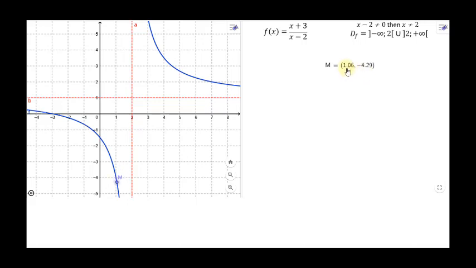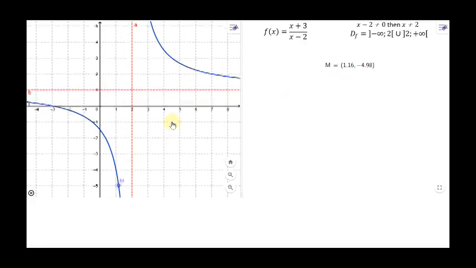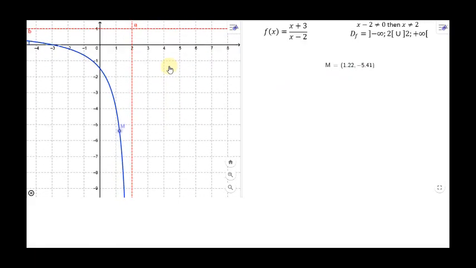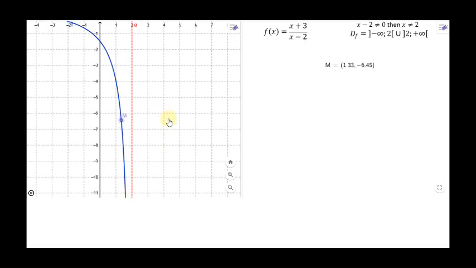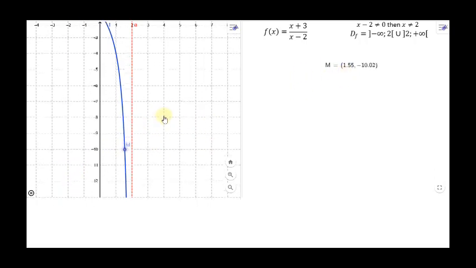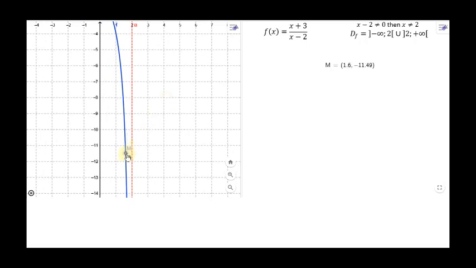So x of M is 1.07, 1.08, and y of M is decreasing. So we can say it as a limit: as x of M approaches 2 from the left, y of M is tending to negative infinity.